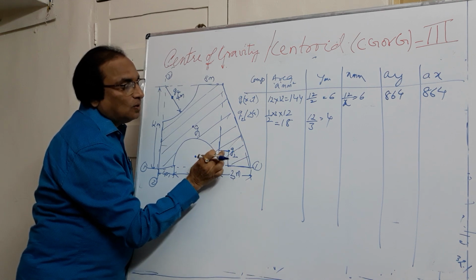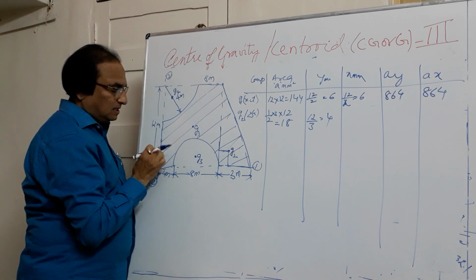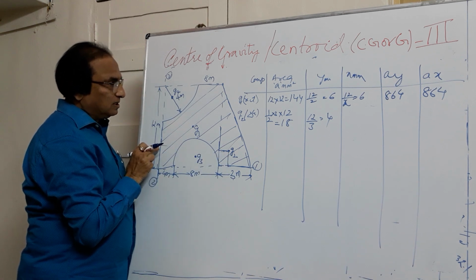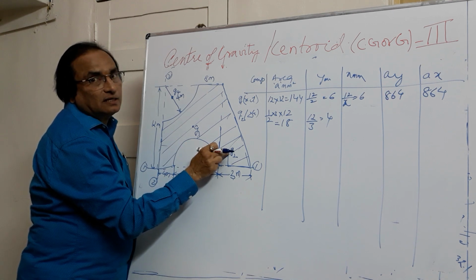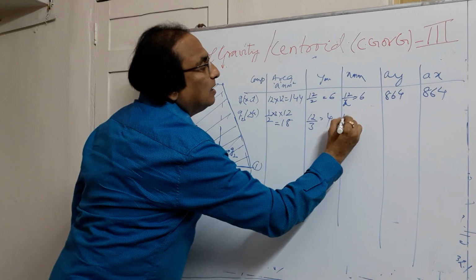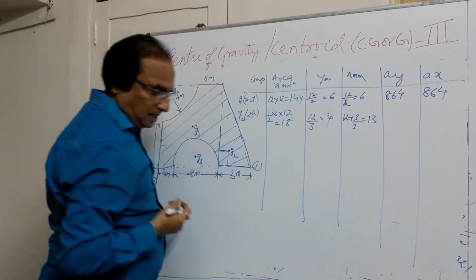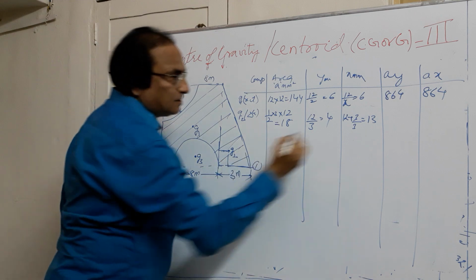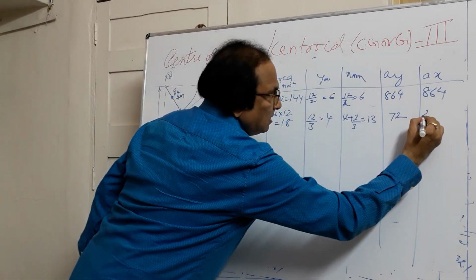So 1/3 of 3, plus this distance from 2-2. So the total distance will be 12 plus 3 by 3, which is equal to 13. If you multiply this, you get 72, and this you get as 234.